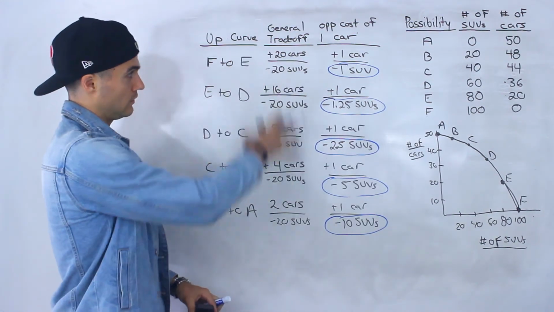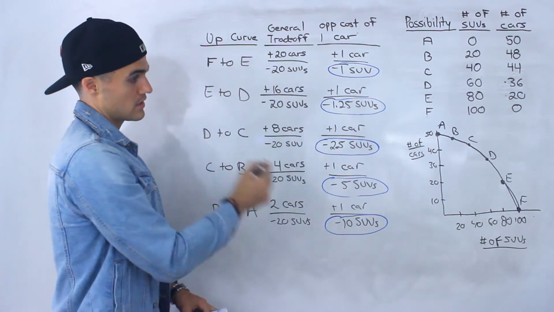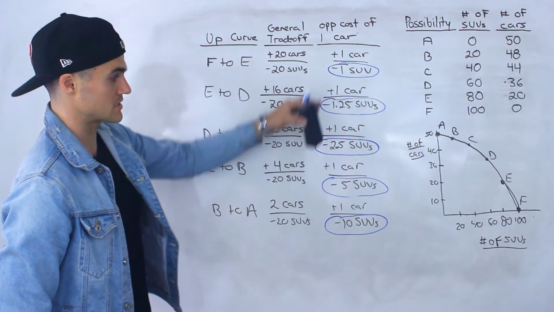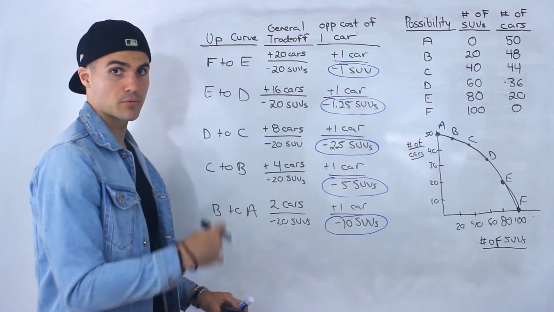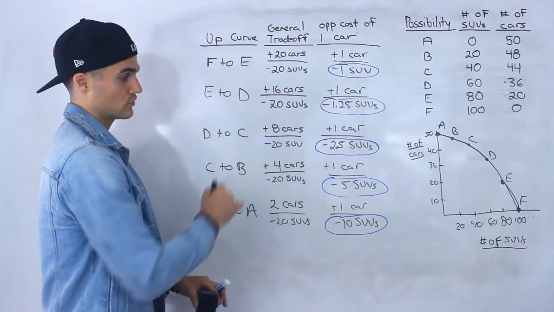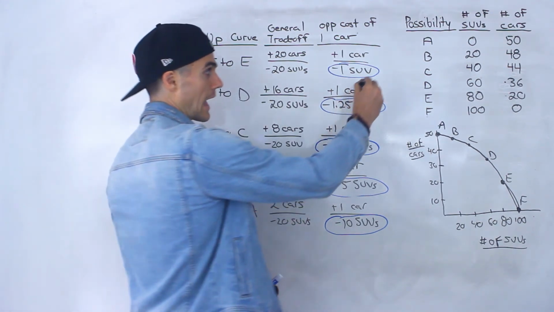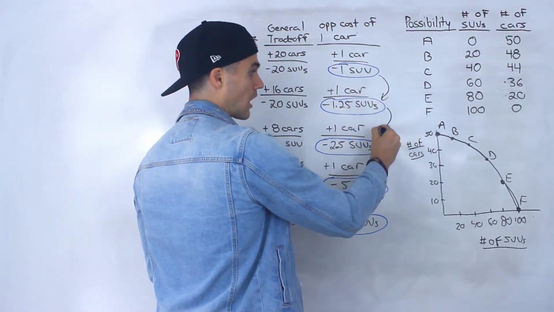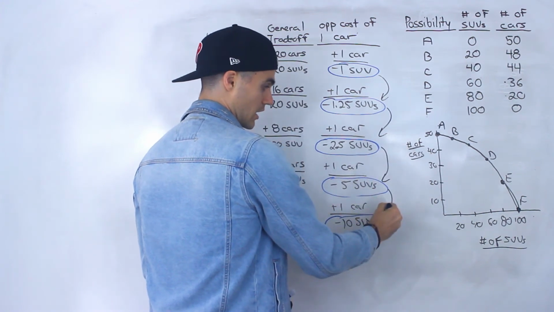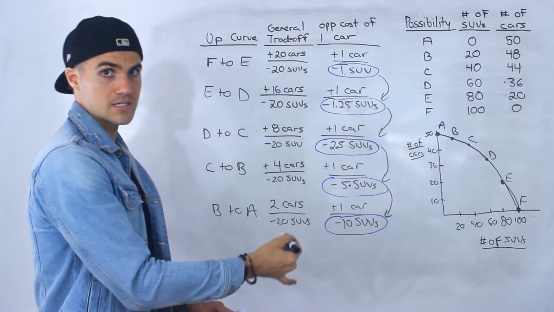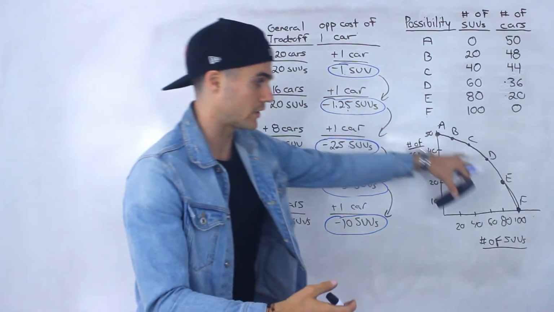And if we fill the rest of this table out for the up curve, we end up getting these values here. And notice in blue, I have the opportunity costs for each of these intervals circled. And again, notice that not only is the opportunity cost not constant, it is changing, but it's also increasing, like it was when we were going down the curve.